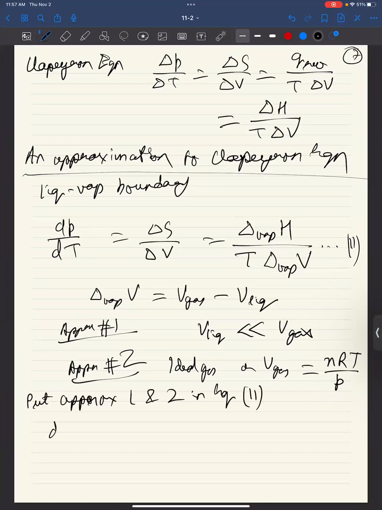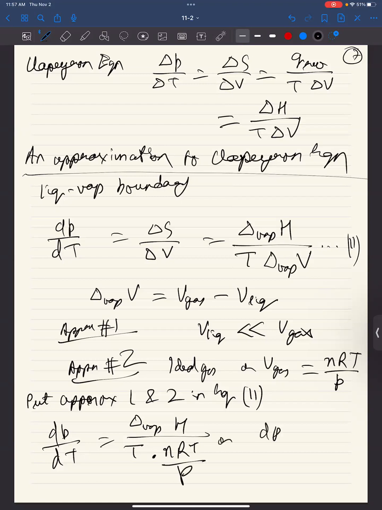What will you get? You will get dP by dT is equal to delta vaporization H divided by T multiplied by delta vaporization V. Let me write this equation on the next page and start from there.